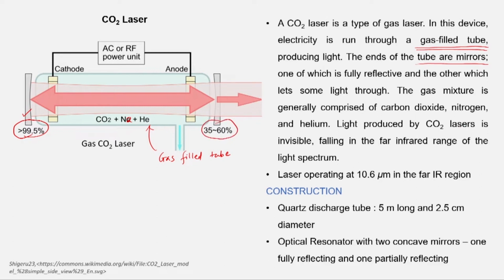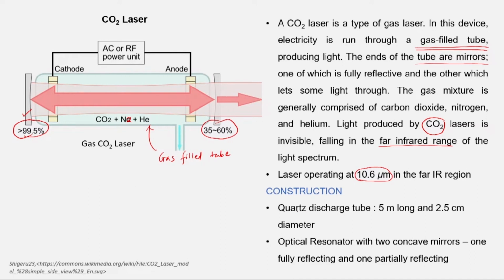The laser generated by the CO2 falls in the far infrared range. About 10.6 micrometer is the wavelength of the laser beam produced using CO2 gas.